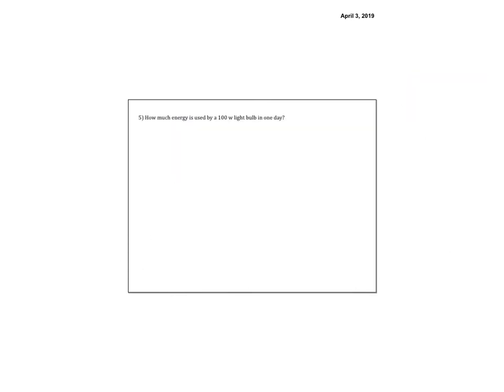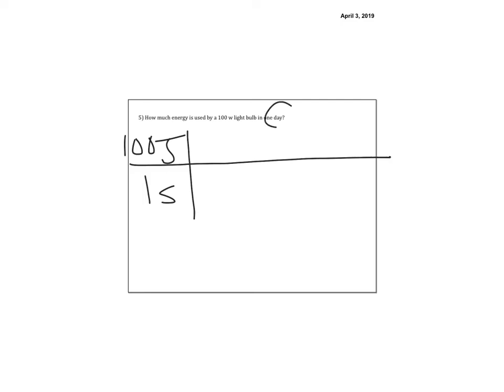Last one. How much energy is used by a 100 watt light bulb in one day? This one we don't have to do in five steps, we just have to do conversion. We're going to do one of those train track things. 100 watts is 100 joules per 1 second, and I want to know in 1 day. Energy is joules.